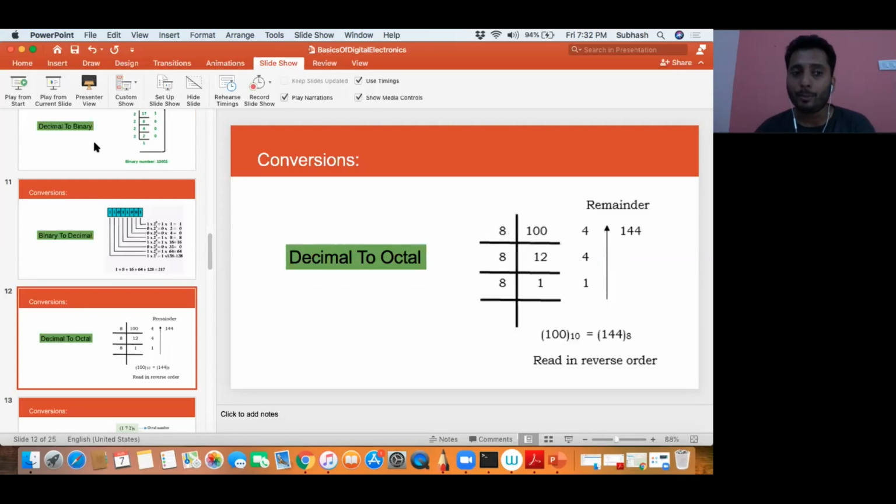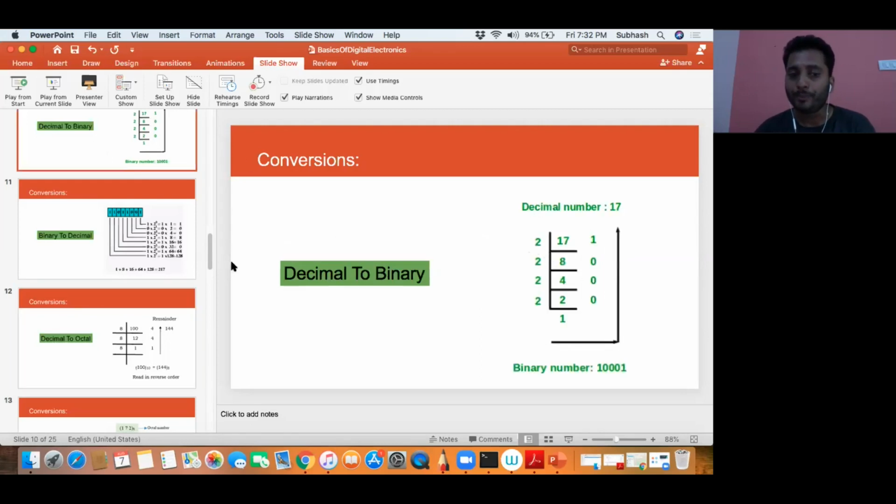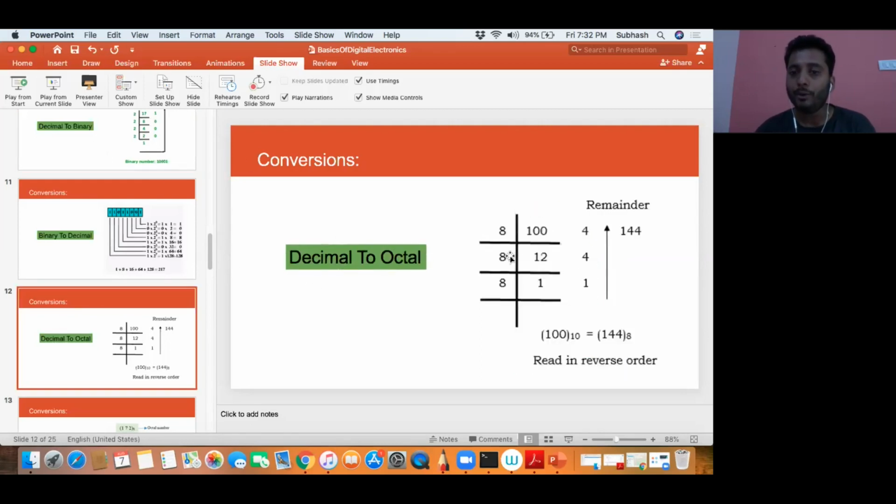So for binary you divide by 2, whereas for octal you divide by 8 continuously and keep the remainder aside, so that you get the final answer. In this slide I have a number 100 in base 10, that is in decimal, and when I keep dividing it by 8 keeping the remainder aside, from the bottom towards the top I get the final octal value as 144.